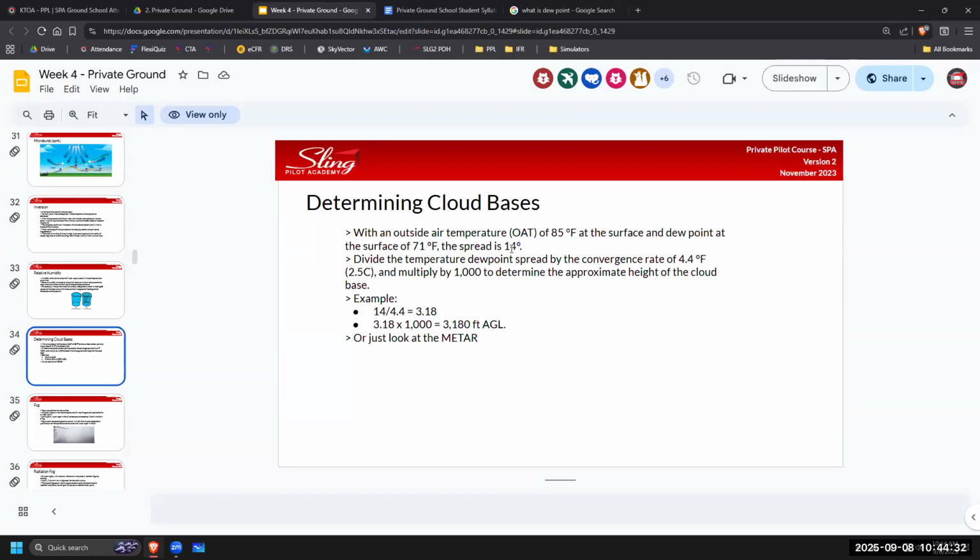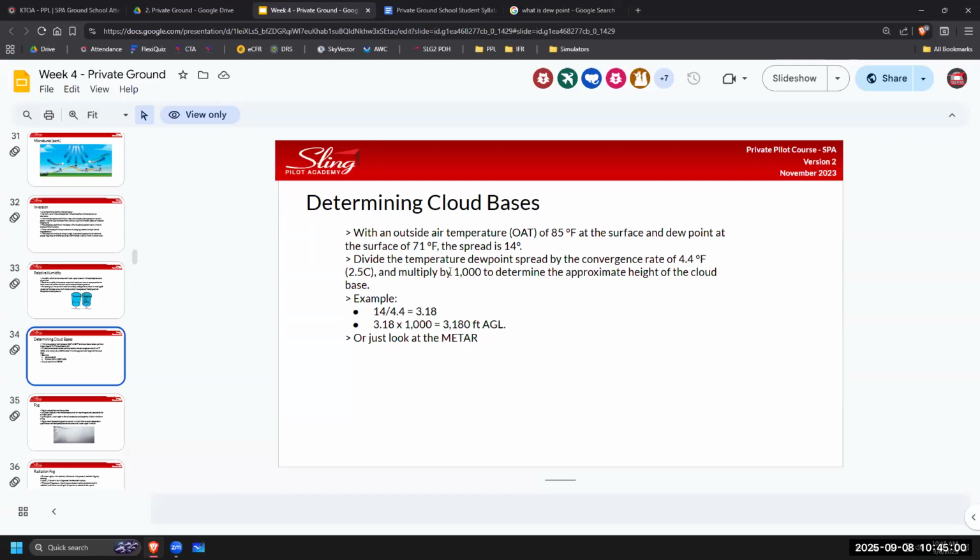And we divide 14, our spread, by 4.4. Now, if you're getting the temperature and dew point in Celsius, which is more likely, you would divide by 2.5, okay? 4.4 is what you divide if you're doing Fahrenheit, 2.5 is what you divide by if you're in Celsius.